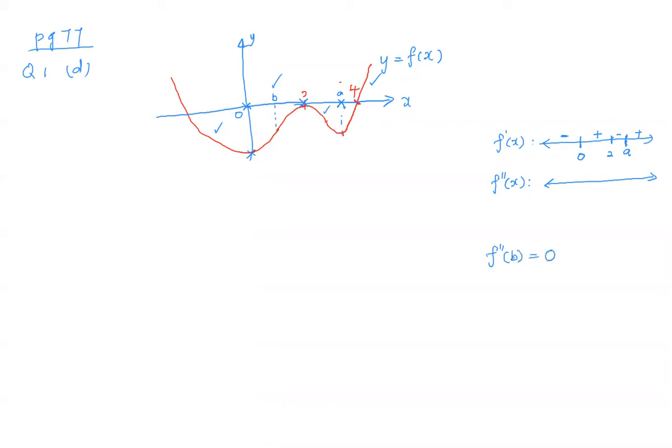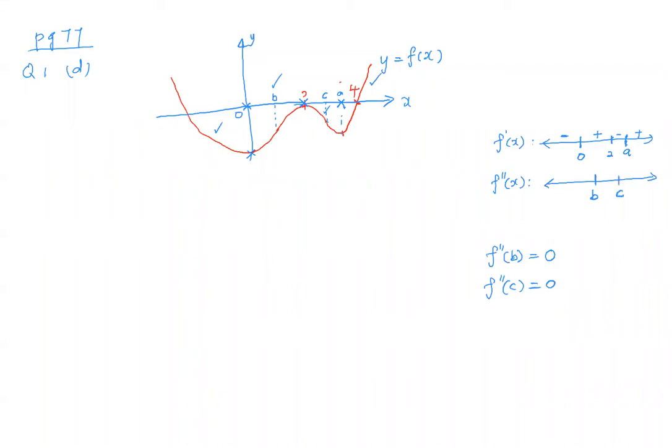Am I right? There is another inflection point here, so I name this C. So I also know that f double prime C equals 0. B is between 0 and 2, so I put B here. C is between 2 and 8, so I put C here.